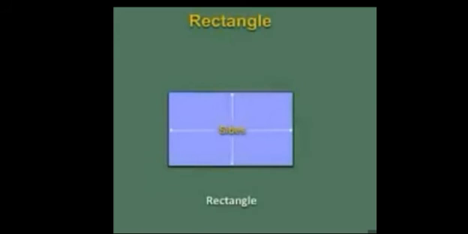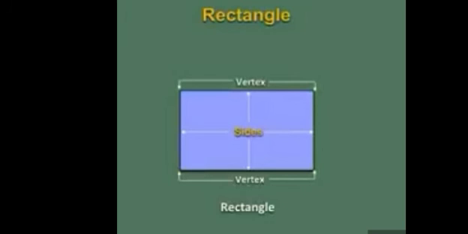This is a rectangle. A rectangle has 4 sides. The opposite sides of a rectangle are equal. It has 4 vertices.